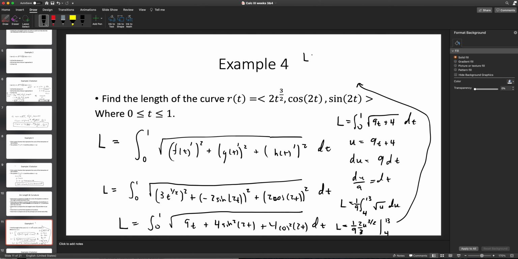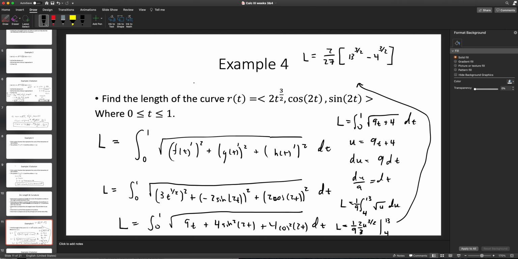So L is going to be 2 over 27 times the bracket of 13 to the 3/2 minus 4 to the 3/2, and whatever this comes out to be, it is. You can use a calculator at this point to estimate this value if you see fit. That's fine.